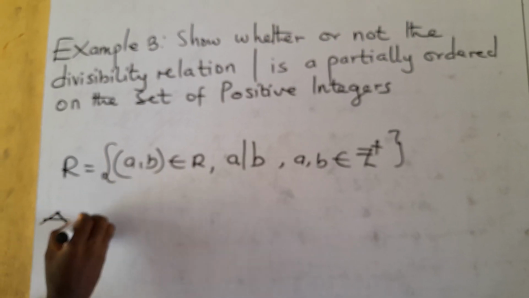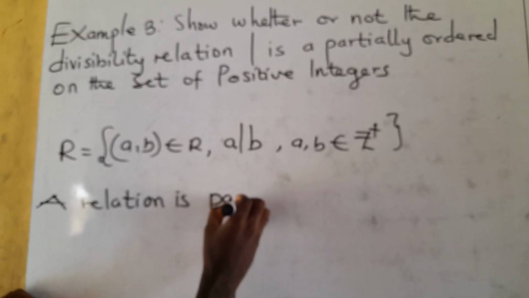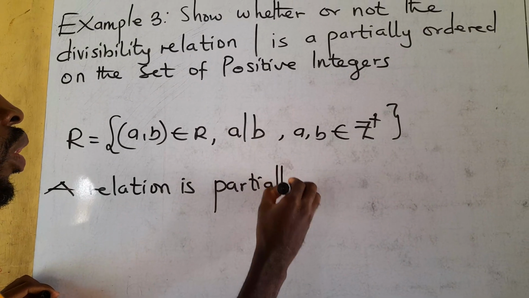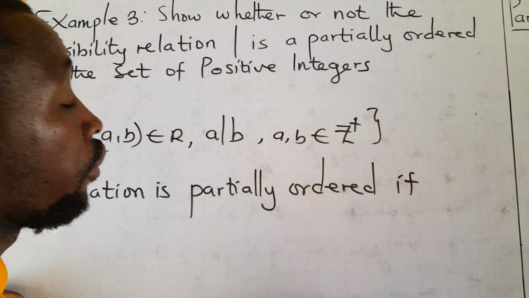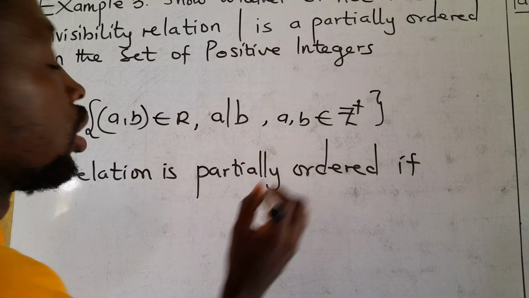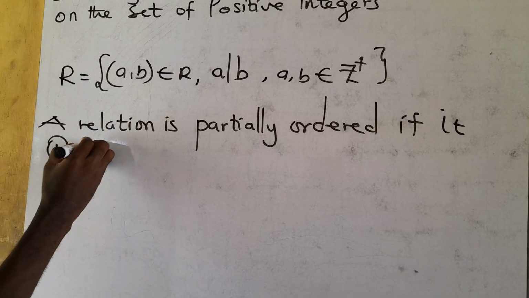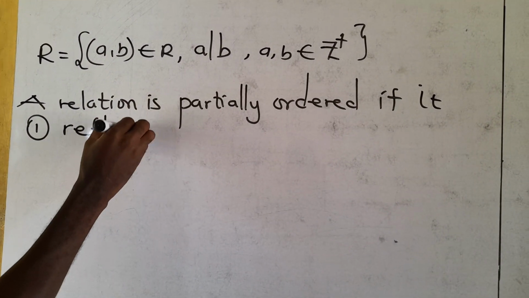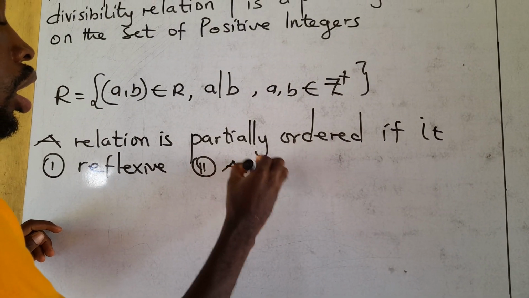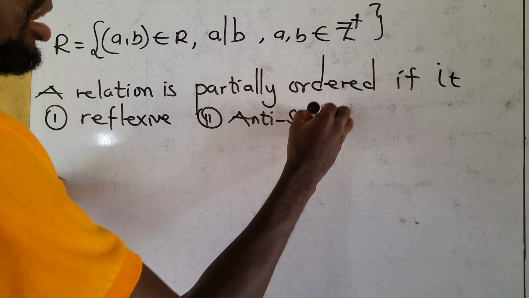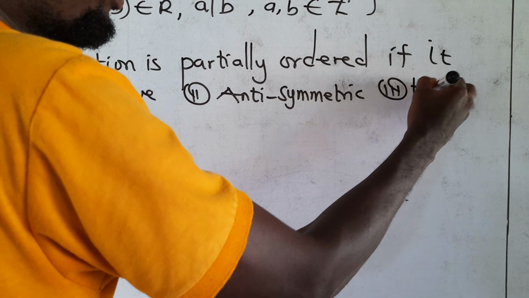So we say a relation is partially ordered if it is reflexive, antisymmetric, and transitive.